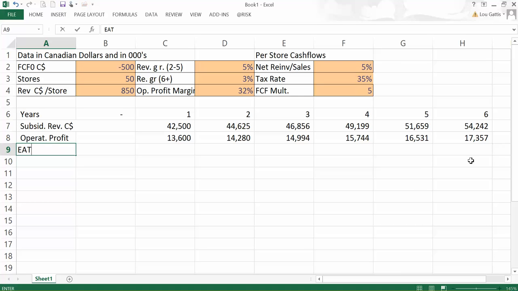I'll calculate earnings after tax, but before interest. That'll be my earnings before tax, operating profit, times 1 minus the tax rate. I'm going to anchor that tax rate.